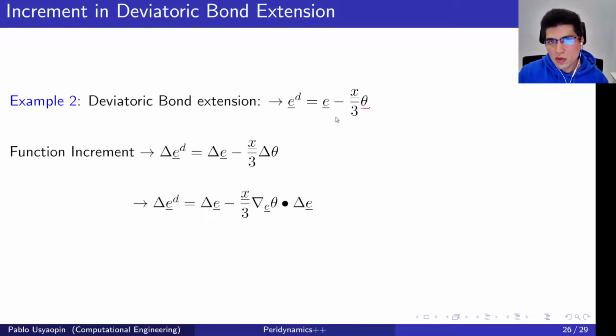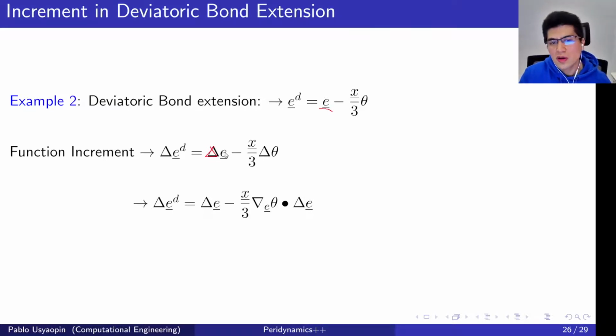So in a similar way as in classical theory, you have the bond extension and you take out the volumetric expansion, theta x divided by 3. So now we can compute the increment in the deviatoric bond extension by applying an increment to the bond extension e, as it is displayed in here.